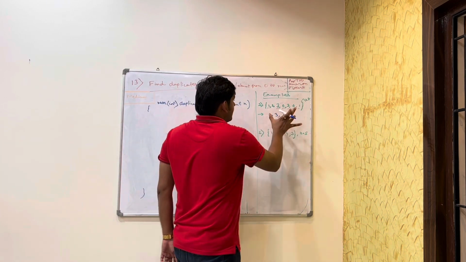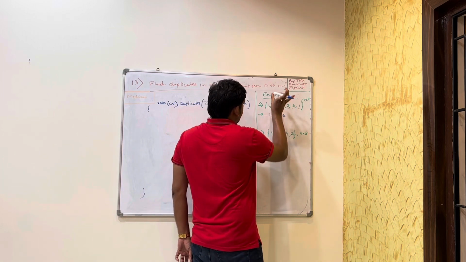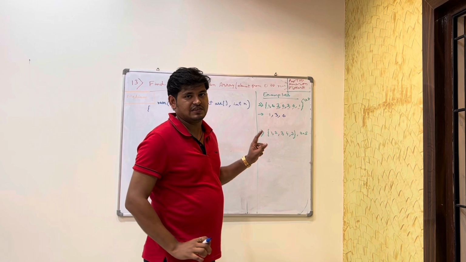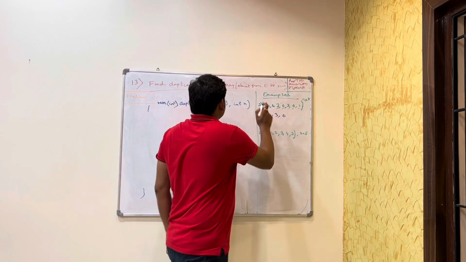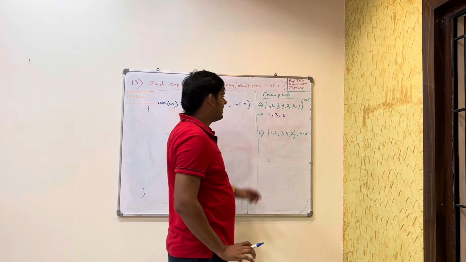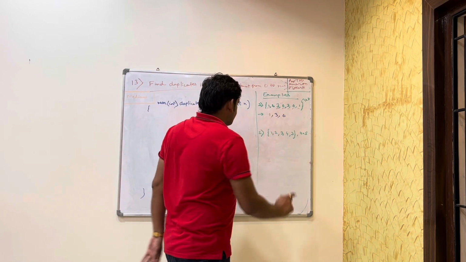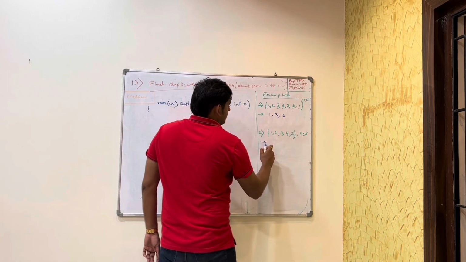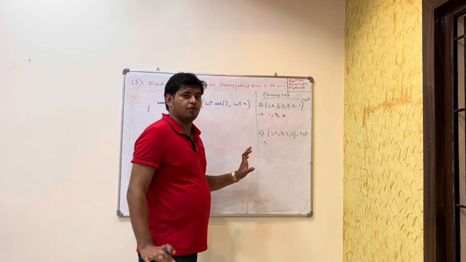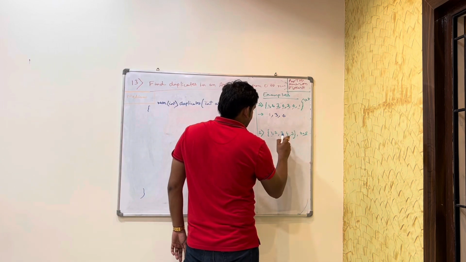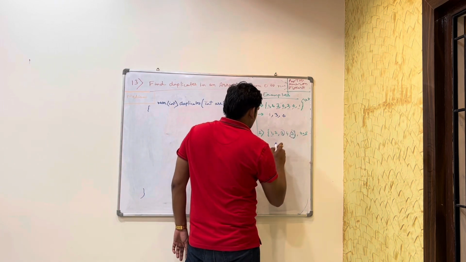But if there are 7 elements and we can only store 0 to 6, there must be one element which has been repeated. That's why it's mentioned that the elements are from 0 to n minus 1 and there are n elements. So here, there are 5 elements and we can only store 1, 2, 3 and 4. So what element has been repeated? We can see 3 has been repeated. So we will be returning 3.